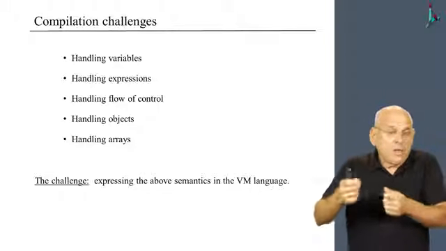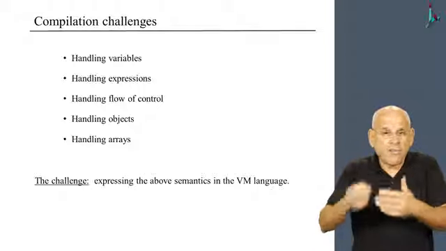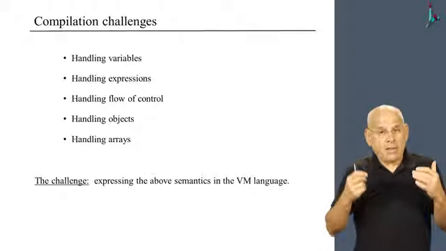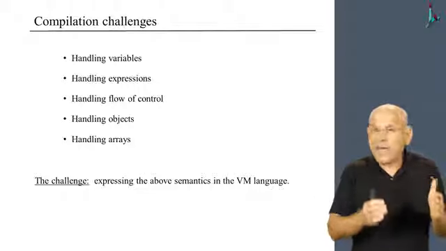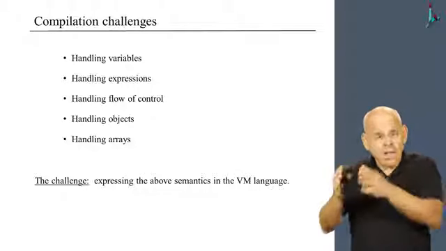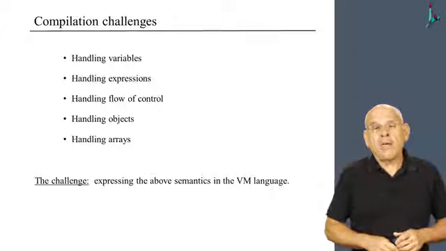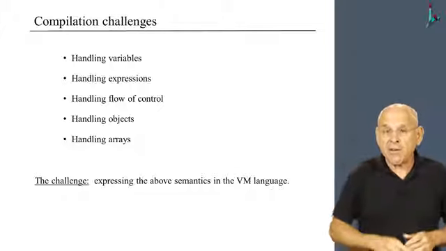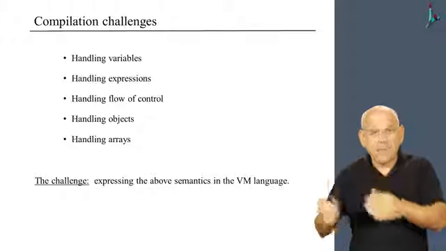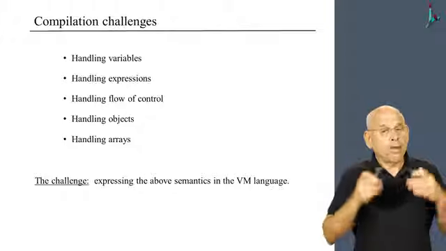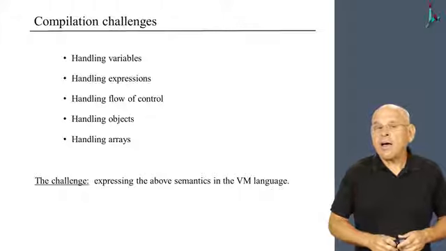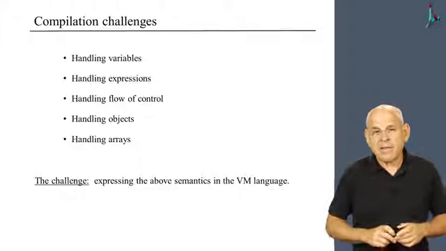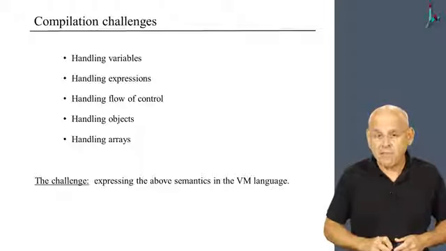It has only push, pop commands and a few more commands, and that's it. So we are facing the challenge of bridging the gap between the high level and the VM code, and we have to somehow express this very rich semantics that you see here in front of you using the very limited VM language. But as you will see, we will do it in a surprisingly elegant and relatively simple fashion.